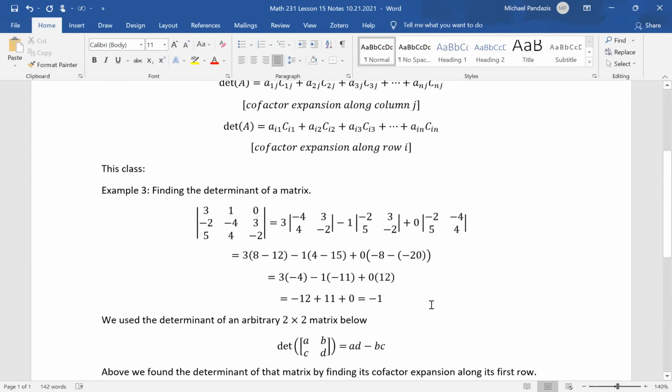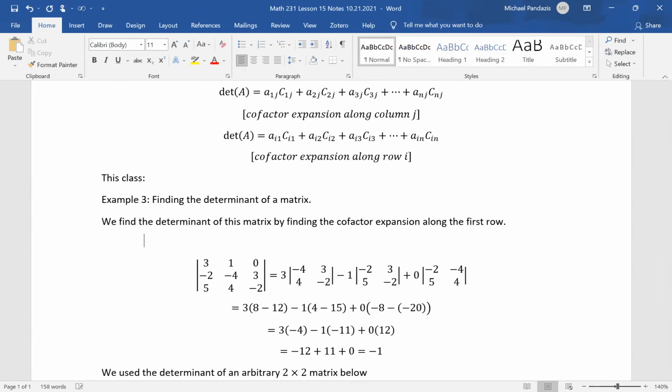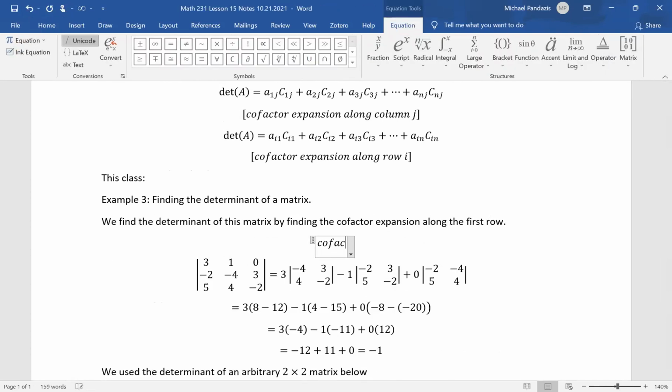Going back to the previous example, we found the determinant of this matrix by finding the cofactor expansion along the first row, and the cofactor expansion along the first row is equal to the determinant of that matrix.